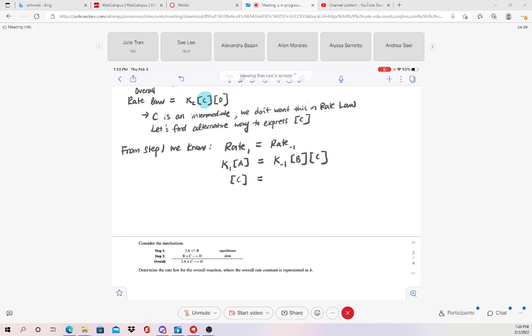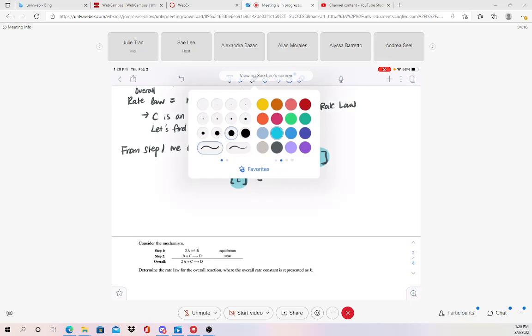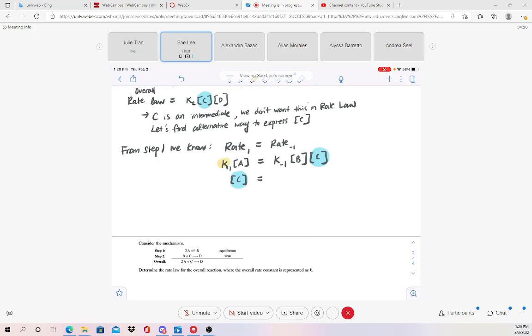So then C is going to be K1 concentration A divided by K negative 1 concentration B, right?